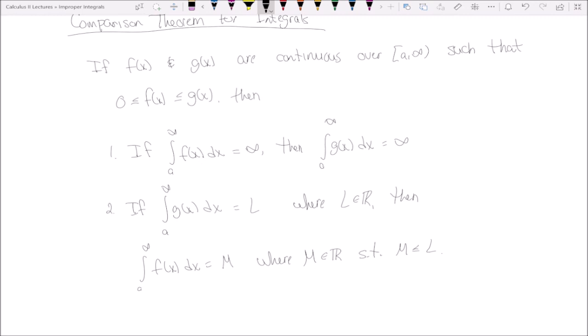This is useful if we don't really care about the value of an integral. We only care whether it converges or diverges. Right? So this theorem will come back into play a little bit later when we start studying infinite series.